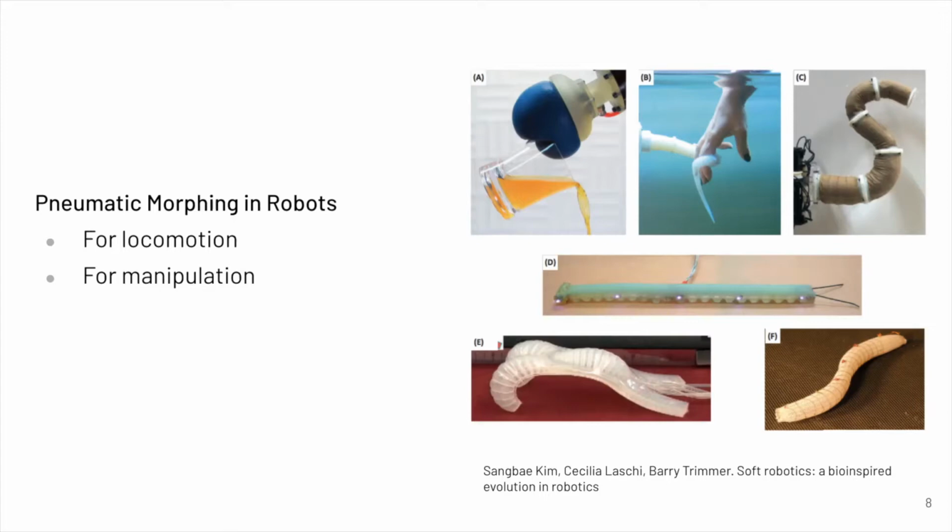Octopus, for example, is a very stereotypical organism people study when they talk about soft actuation driven by air or water. But also caterpillars, different kinds of tentacles, even elephant trunks. These are all stereotypical natural organisms people study and replicate.